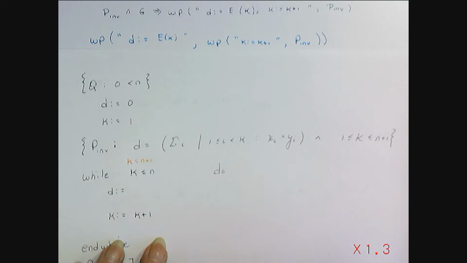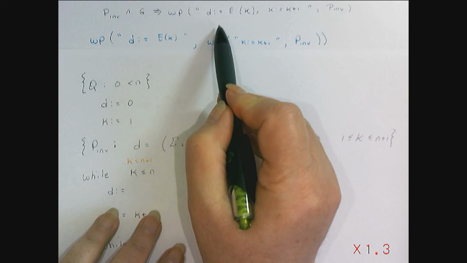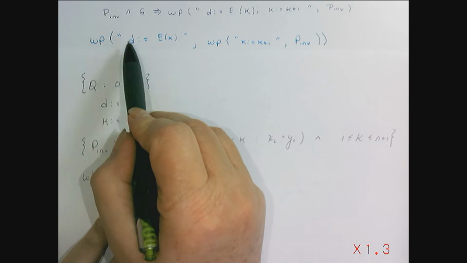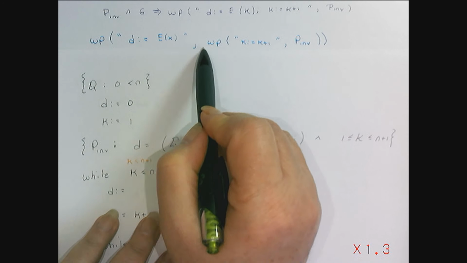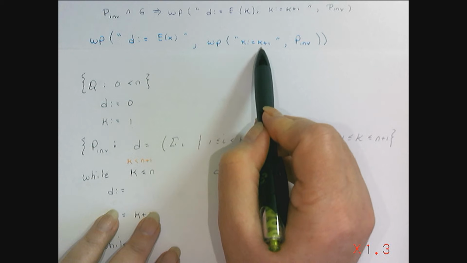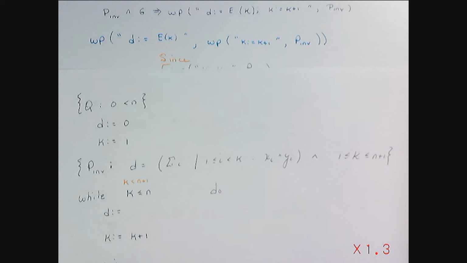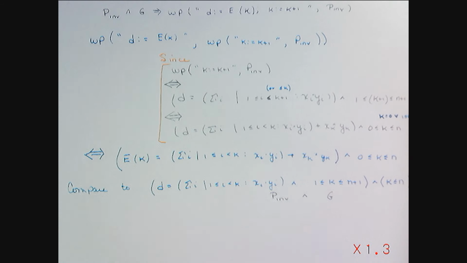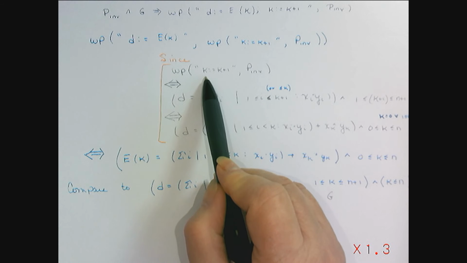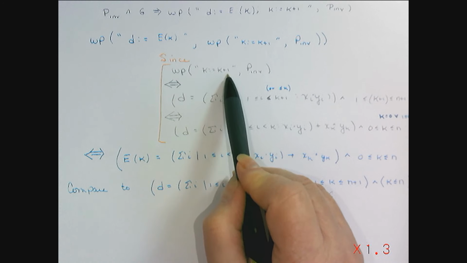true. I know that if I have the weakest precondition of a command followed by another, it's the weakest precondition of d becomes this expression, where its postcondition is the weakest precondition of k is updated to k plus 1 invariant. So I'm going to do a little side and say, hey, if I want to figure out what the weakest precondition of k becomes k plus 1 invariant, I know it's just a textual substitution.